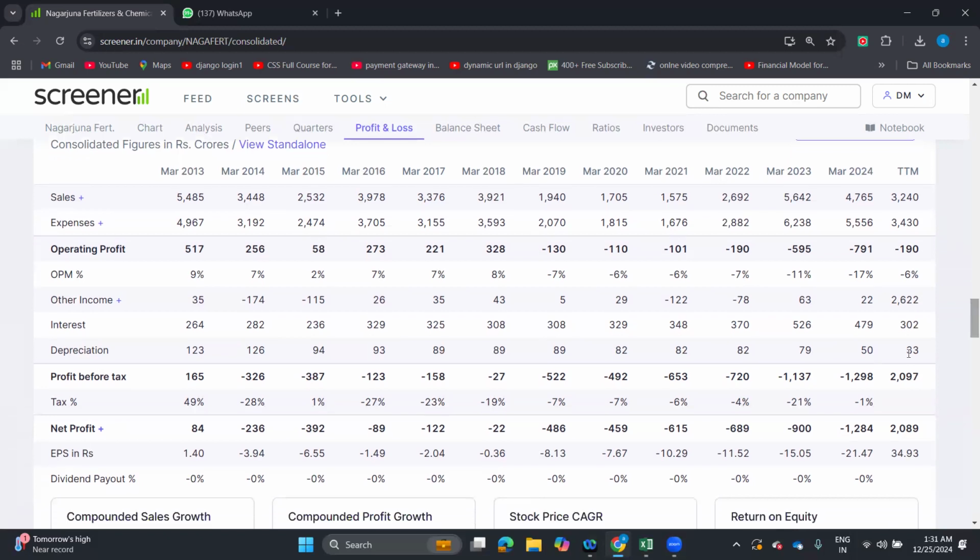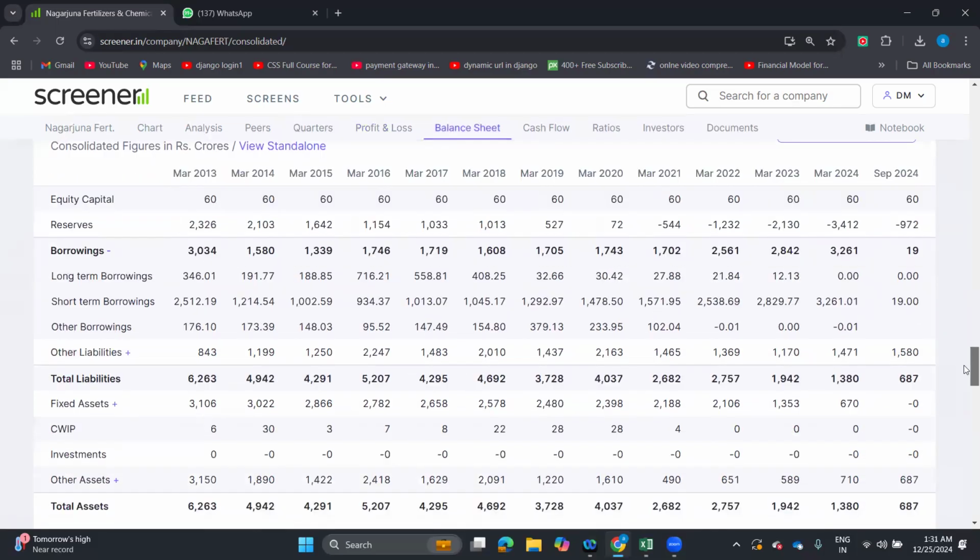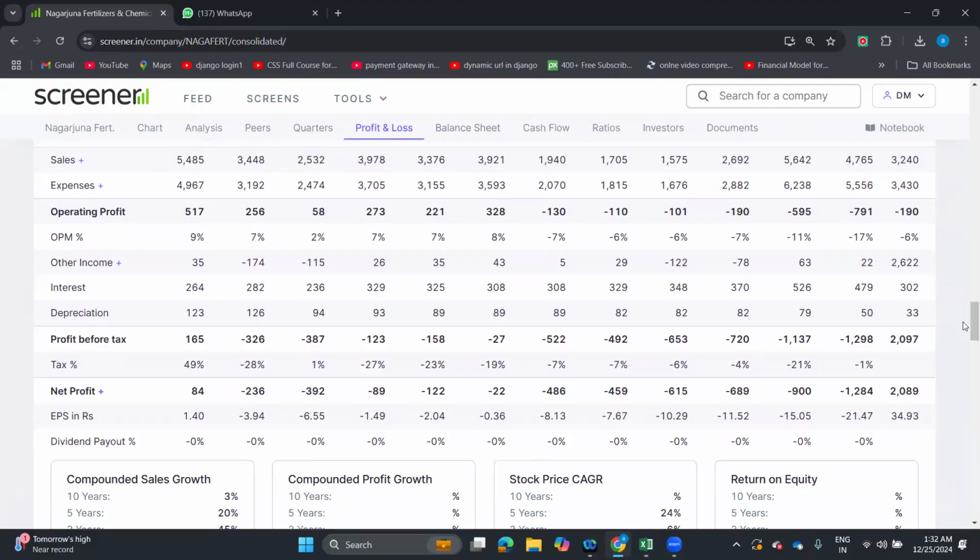See, interest cost was very high, 479 crore, 526 crore, but now they have reduced it, so it will improve. But the problem is not just high debt level. The problem is that their operating expenses are higher than sales.